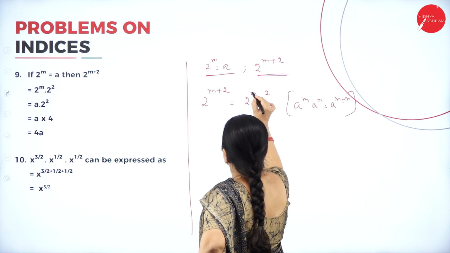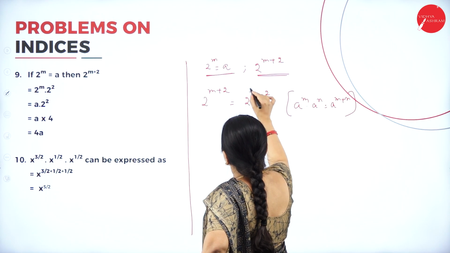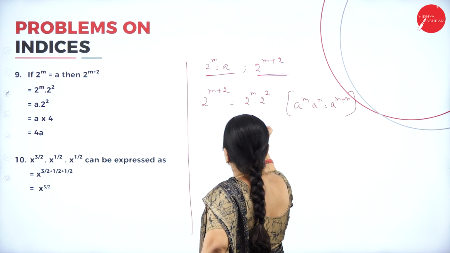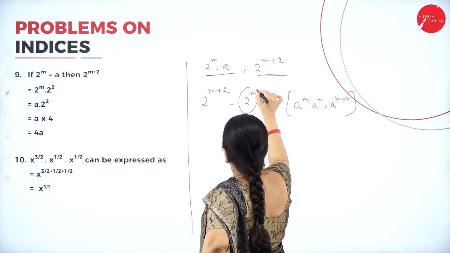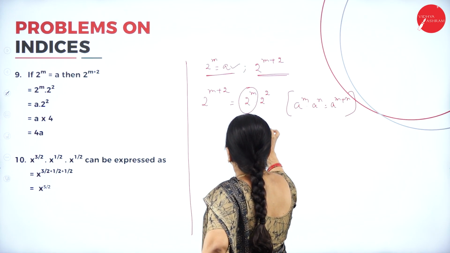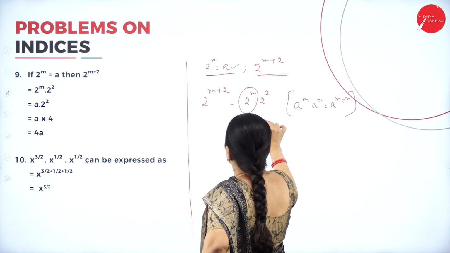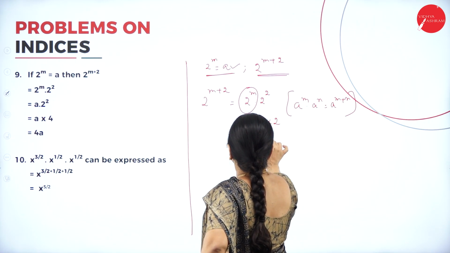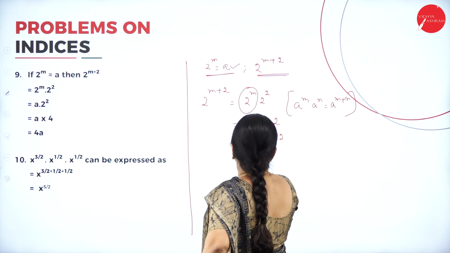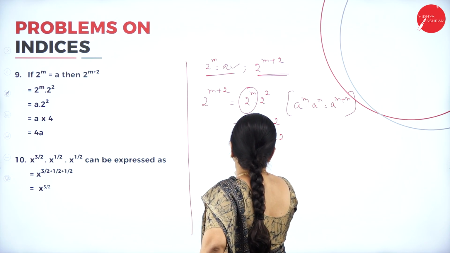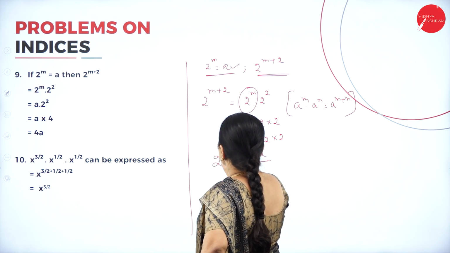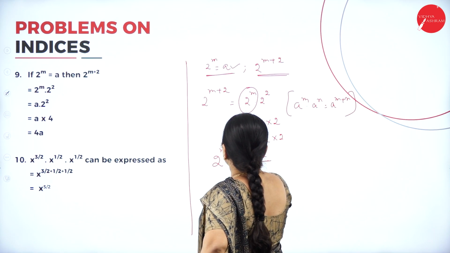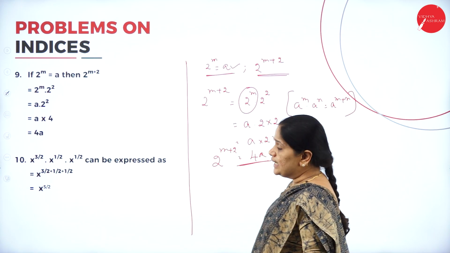So instead of writing 2 to the power of m, I'll substitute this value with a here. So, a into 2 square. What is 2 square? 2 into 2. So, a into 2 into 2. So, this will be 4a. So, this is the answer: 2 to the power of m plus 2 equals 4a.